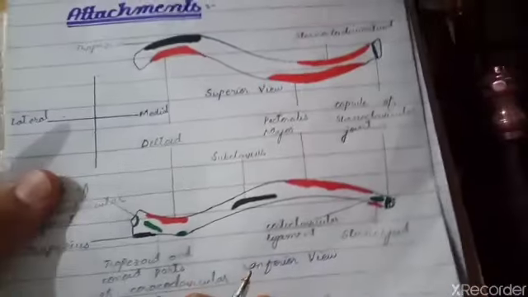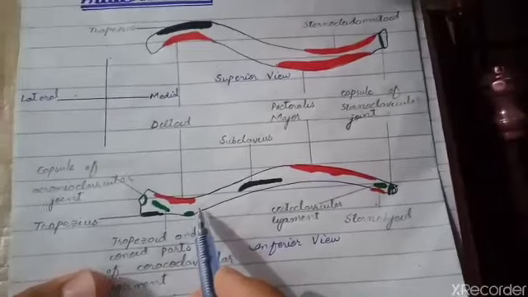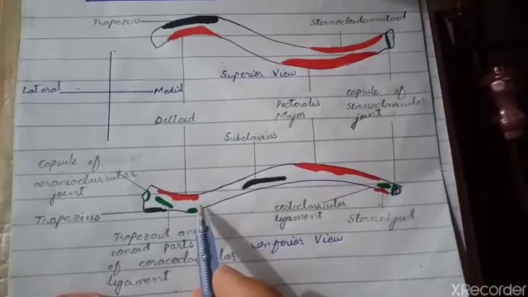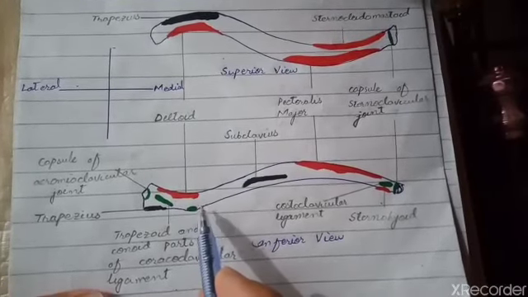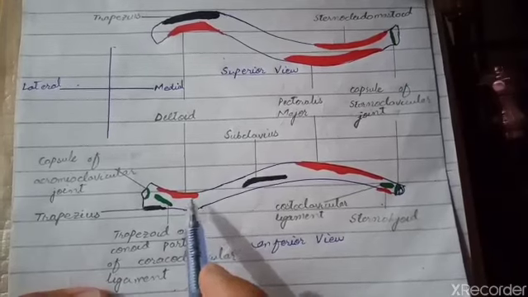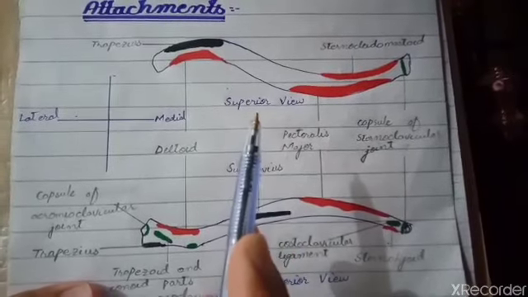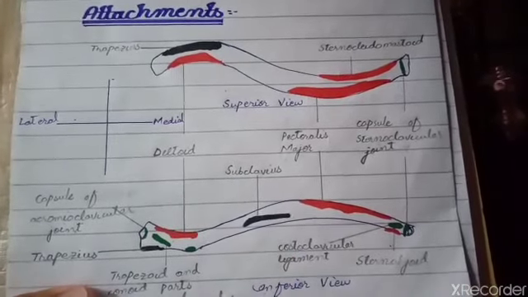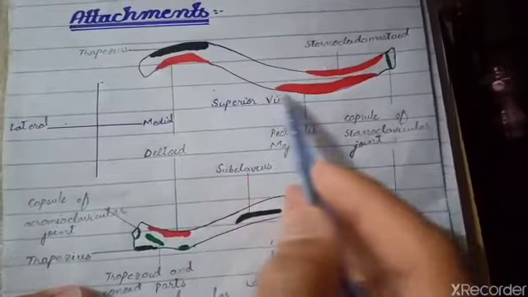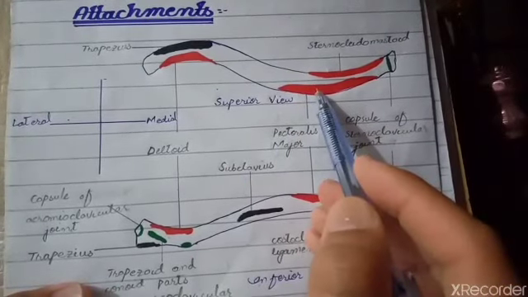This is the diagram and we will discuss the attachments here. This is the inferior view of the clavicle, and this is the right clavicle. You have to remember that this is the right clavicle. And as a point of identification, I am going to repeat that this is the medial 2/3, convex forward.